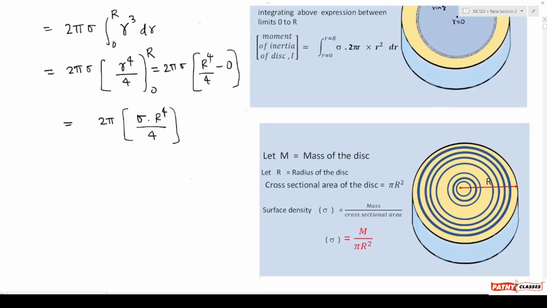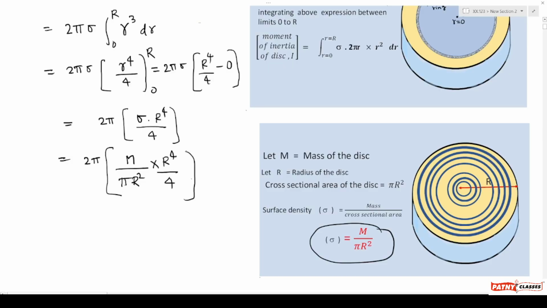But sigma equals m upon pi R square. So putting the value of sigma here, into R raised to 4 upon 4, cancelling R square, cancelling pi, cancelling 2, we get half m R square.